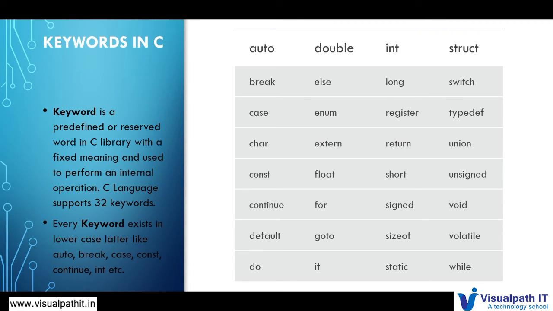Then the further process will be executed and the output will be given to us. Likewise, float is also a keyword, and it is used to define a floating number. What are floating numbers? They are basically the decimal point numbers.